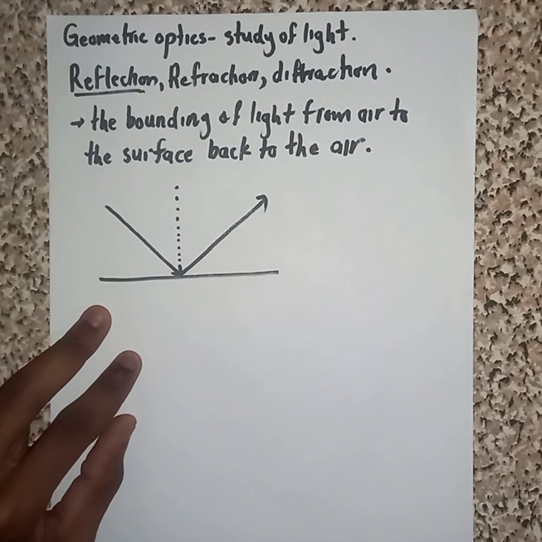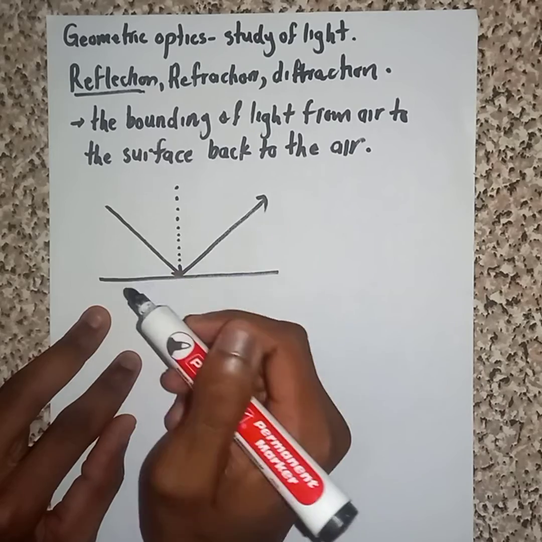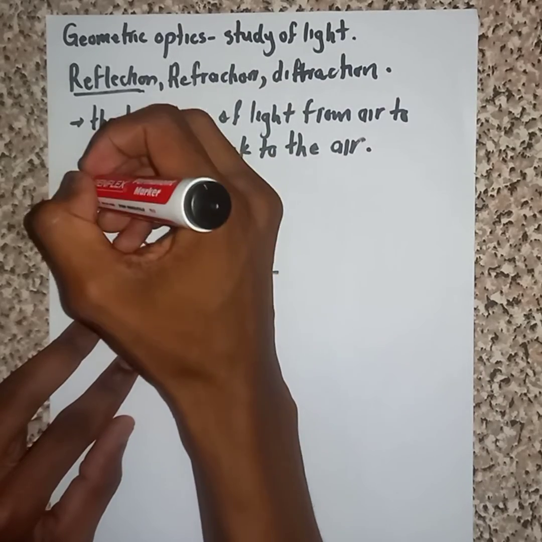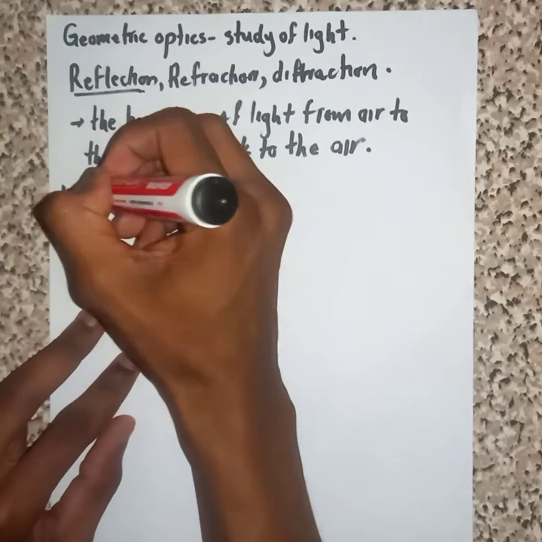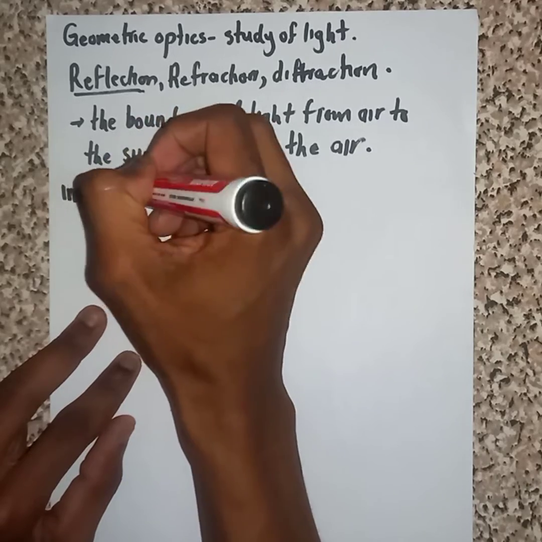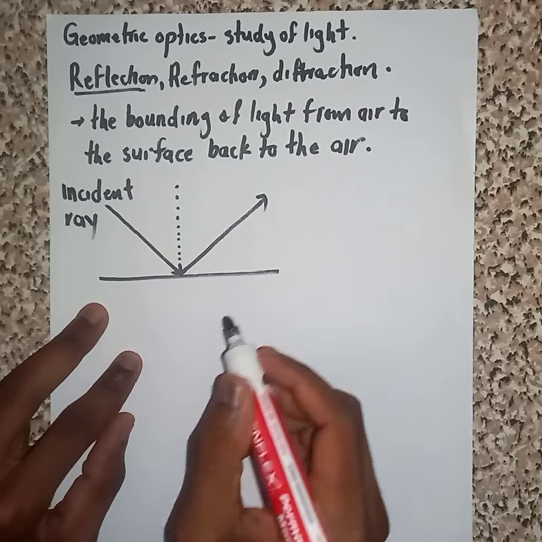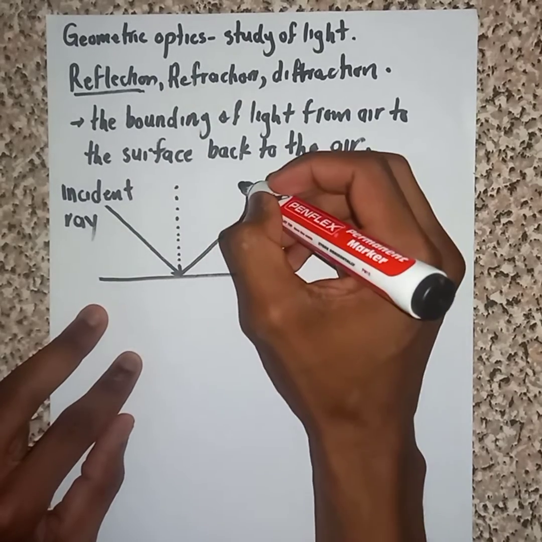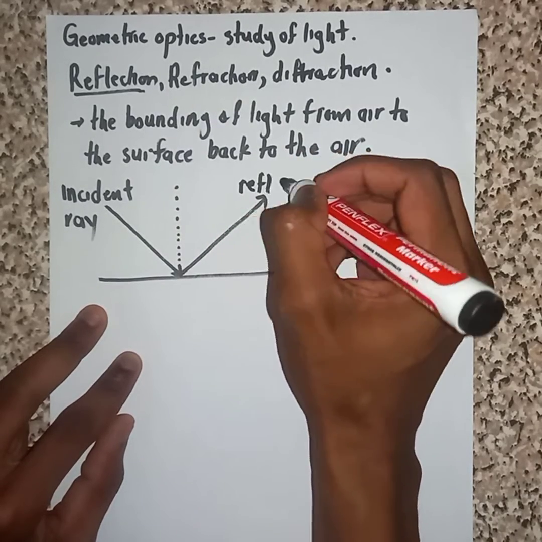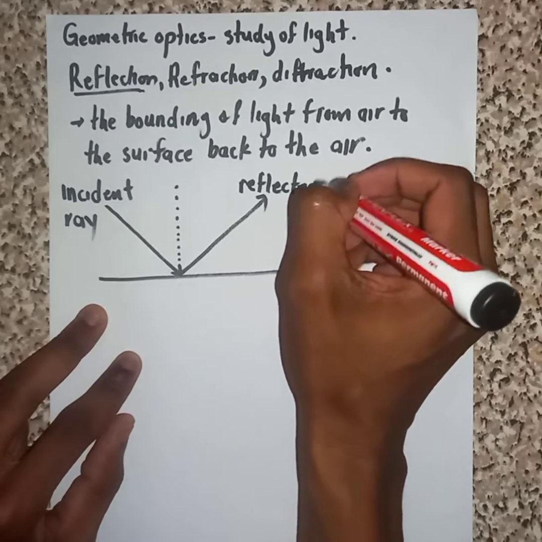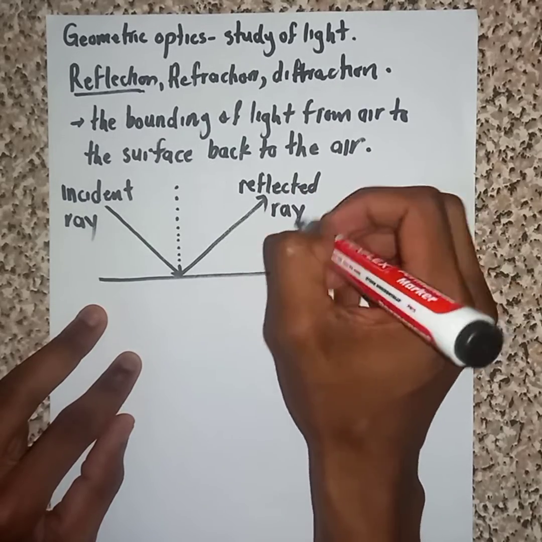diagram like this. Firstly, we have this ray, a beam of light. This one is called an incident ray. An incident ray. It's an incoming ray. We also have a reflected ray.